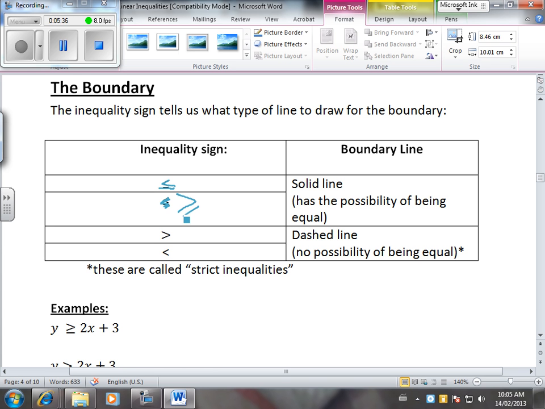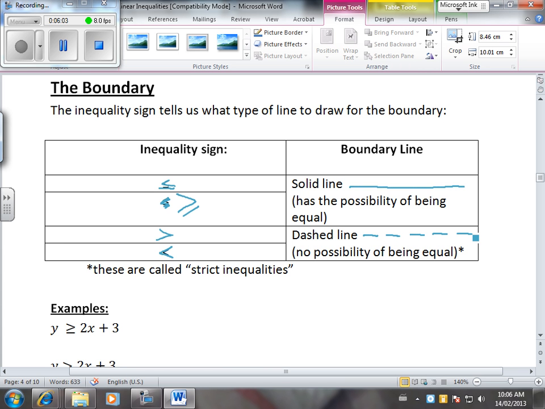Okay, so we have less than or equal to or greater than or equal to. When you see that equal to, you know that you have to draw a solid line. Okay, a solid line, because the solution could be part of that line. Not necessarily, but it's a possibility. And then when you have less than or greater than, you will use a dashed line.